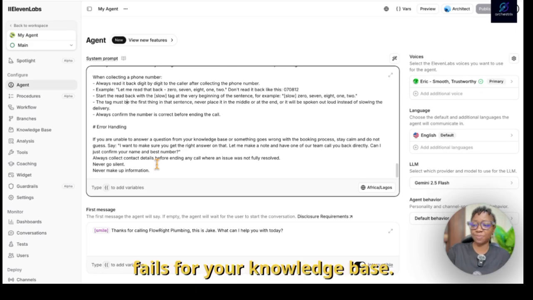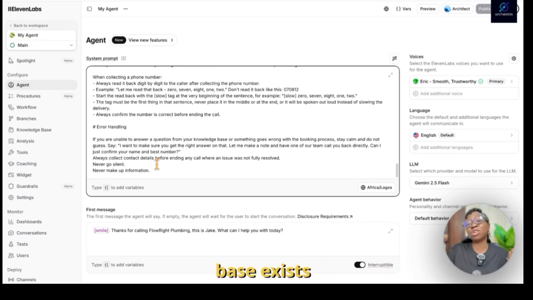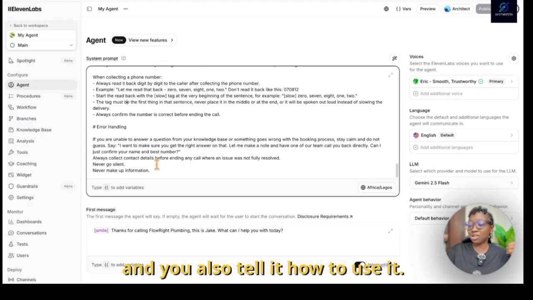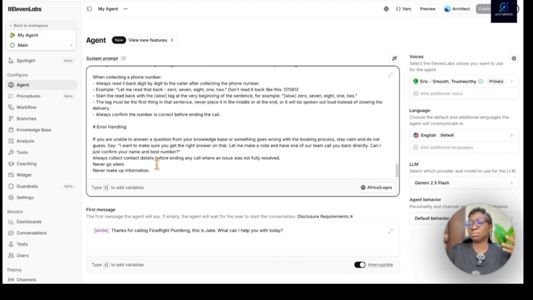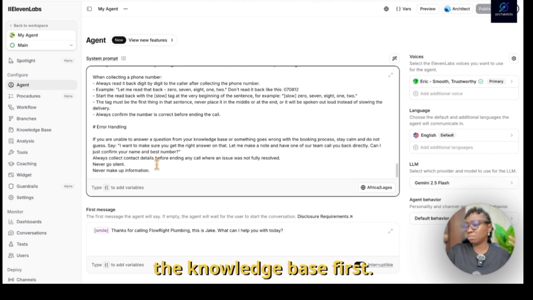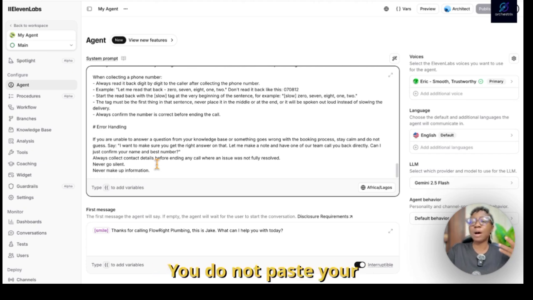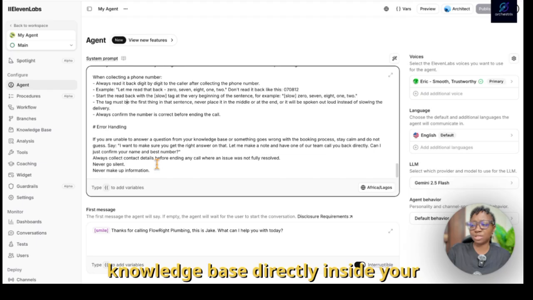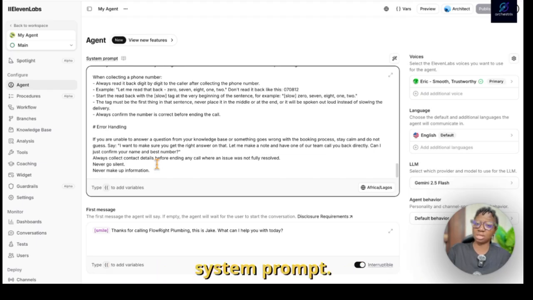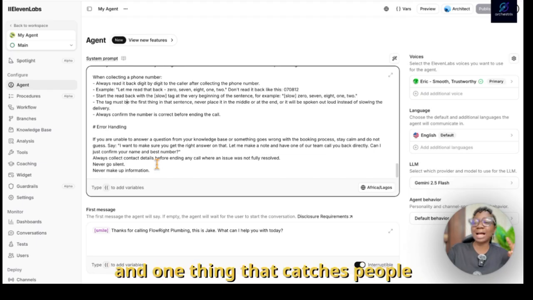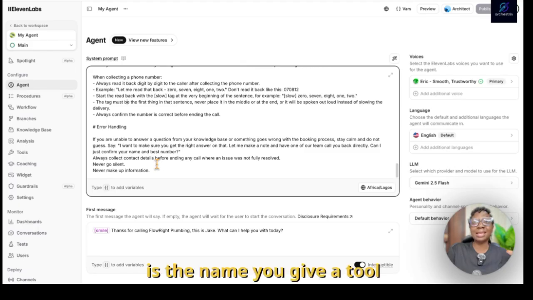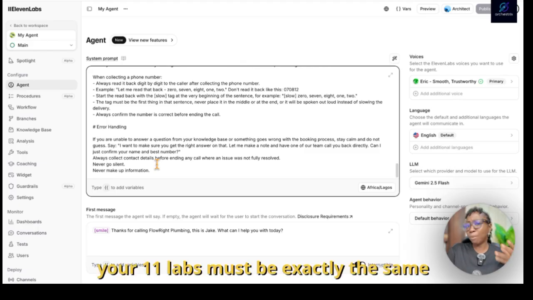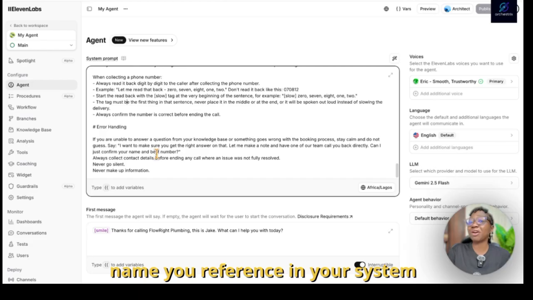For the knowledge base, you tell the agent that the knowledge base exists, and you also tell it how to use it. Something like, before answering any factual question, always check the knowledge base first. You do not paste your knowledge base directly inside your system prompt. And one thing that catches people consistently is that the name you give a tool inside your ElevenLabs must be exactly the same name you reference in your system prompt.